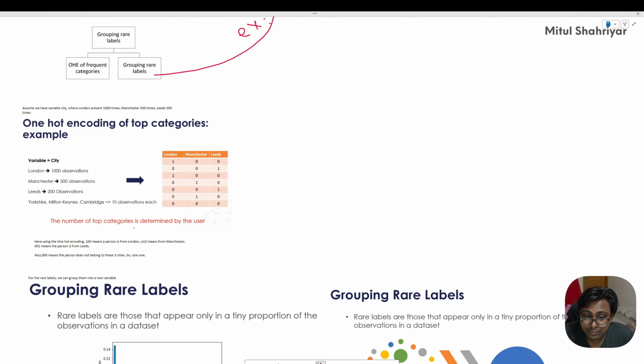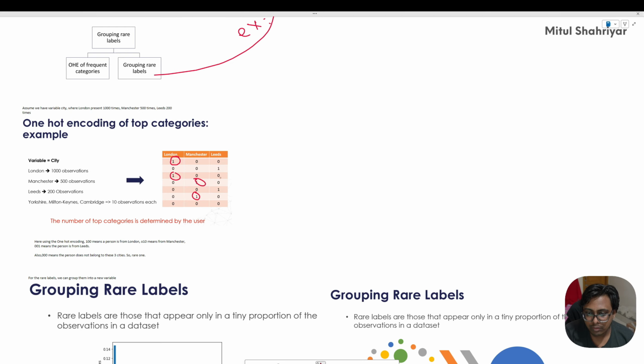So rare ones, you can handle this way. Just look in here. If you are not clear, we can verify. For London, if you set this parameter to 1, this says the person is from London. Assume that we're trying to look if the person is from these three cities or not. For Manchester, these values are 1.